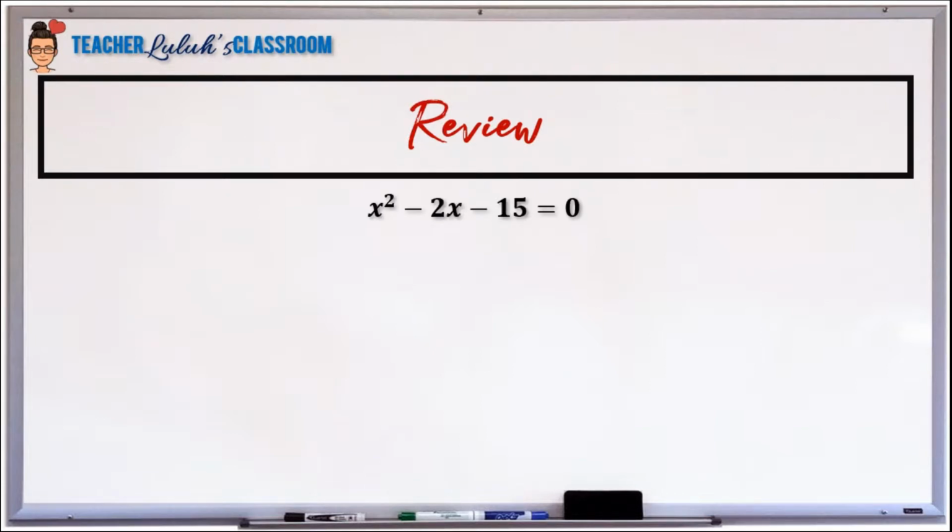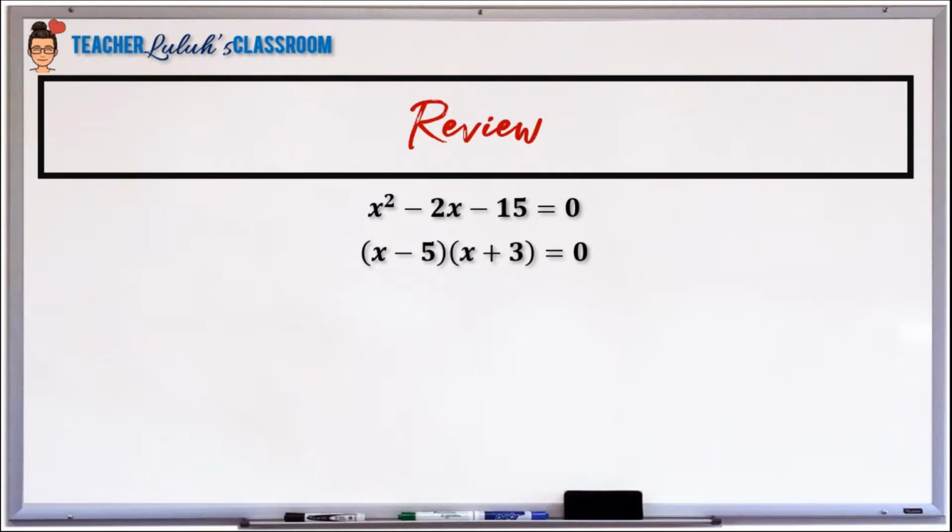Let's start with x squared minus 2x minus 15 equals 0. And what if we are asked to get its roots? In this case, since it is factorable, we will be using the factoring method. Factoring x squared minus 2x minus 15, we will get x minus 5 multiplied by x plus 3, and that is still equal to 0.